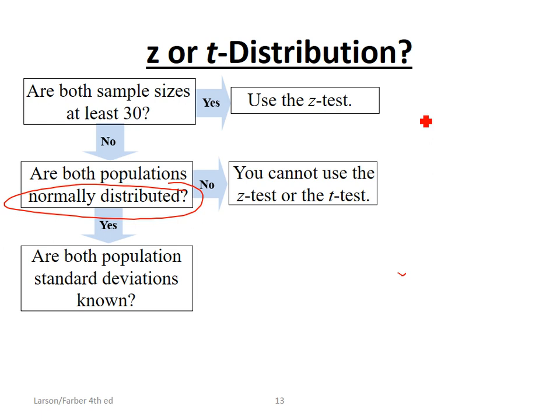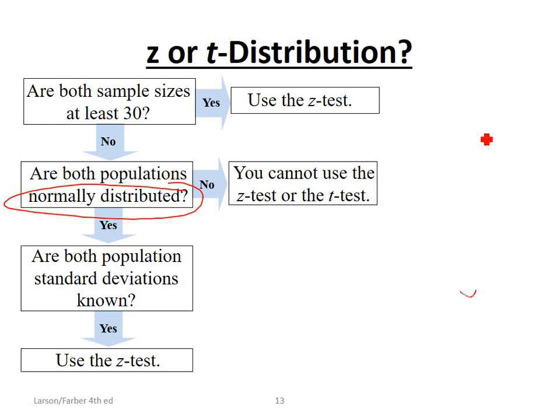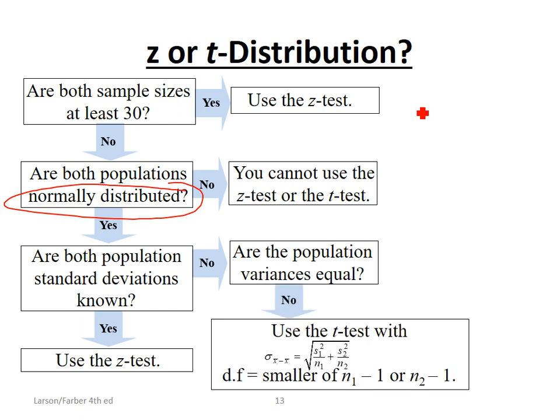If they are, then are both standard deviations known? If both standard deviations are known, then we can still use the Z-test. If we don't know both standard deviations, or the population variances, then we have to use the T-test, and we have to go that route.